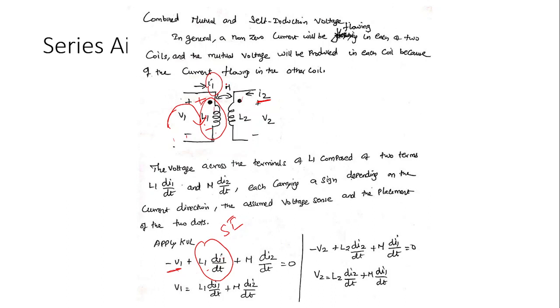So how do you write the mutual induced voltage? I need to write M, and this will come due to the current I2, so dI2 by dt. We got a plus sign because it obeys the passive sign convention.